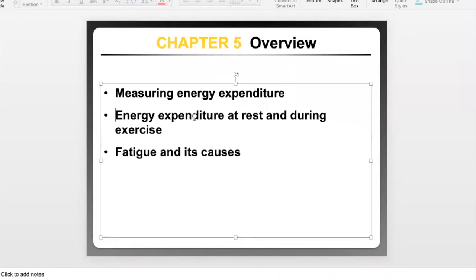And there's a difference between the energy at rest and the energy during exercise. There are 3 different forms of energy usage in the human body. The first is your resting metabolic rate.